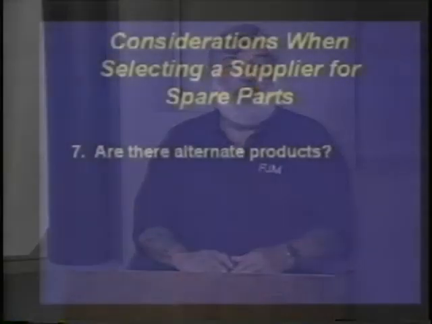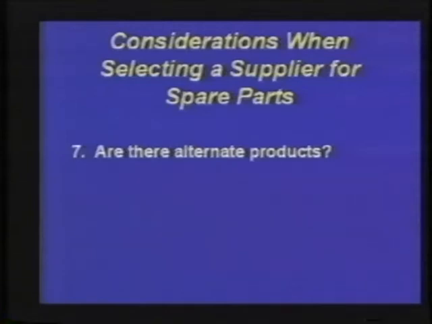I've identified that earlier. And are there alternate products? Now, alternate products are substitutes. And before we can actually set up an alternate product record, we must have approval from maintenance management. And if there's a facilities engineering department in your organization, then they likewise should indicate what alternate products may be used.